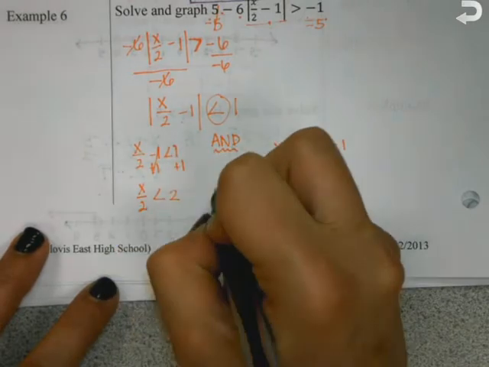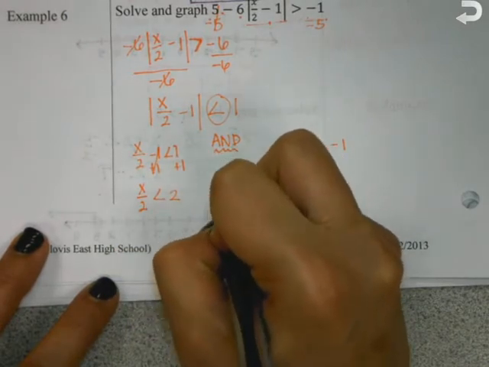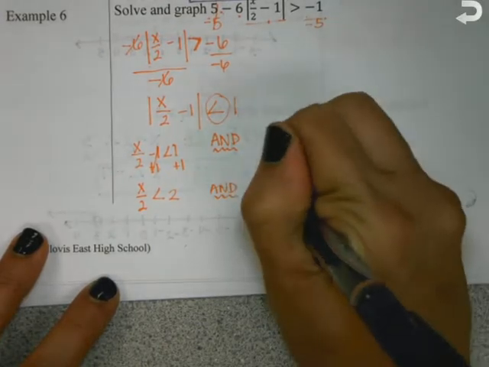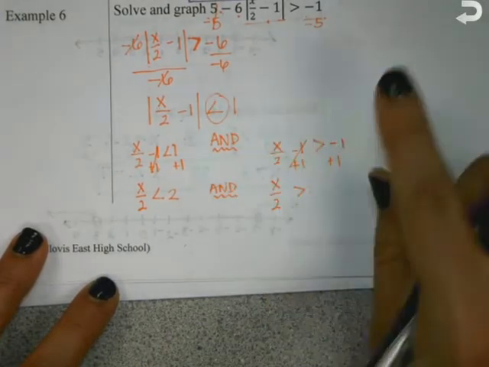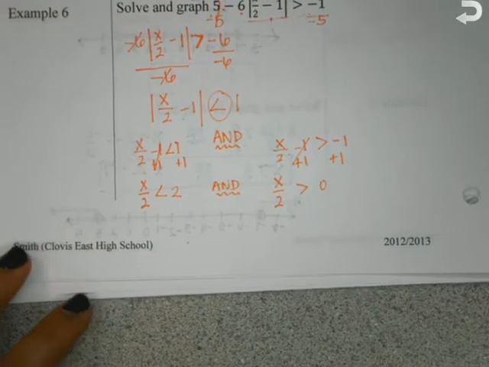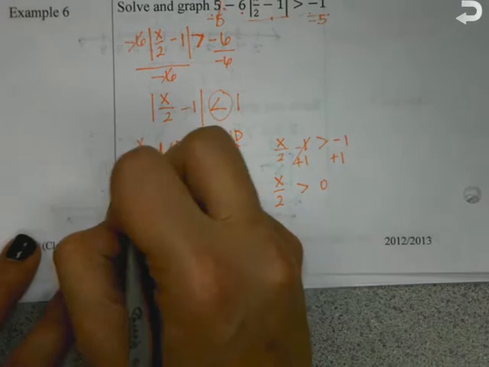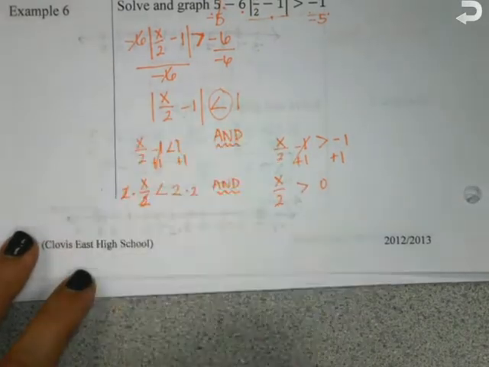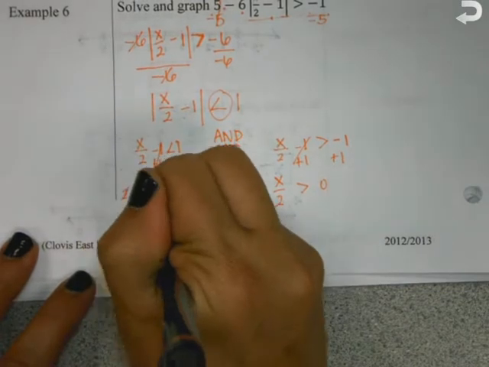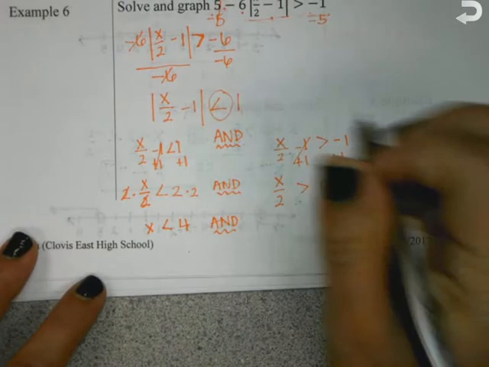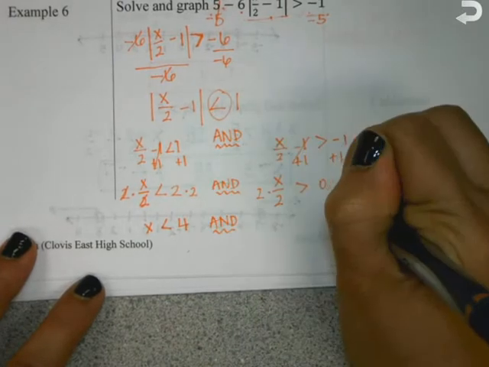So those 2's will reduce to 1, so I get x less than 4, and multiply by 2, x greater than 0 times 2 is 0. So I can combine these into 1, with x in the middle. X is less than 4 and it's greater than 0. So that's going to be my answer, all as 1 inequality.